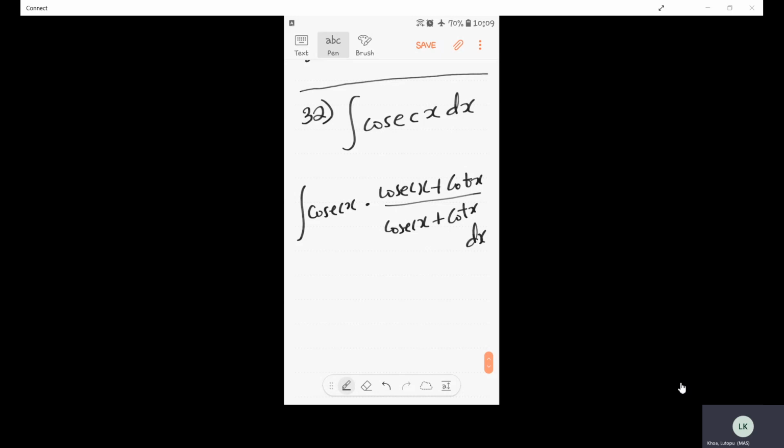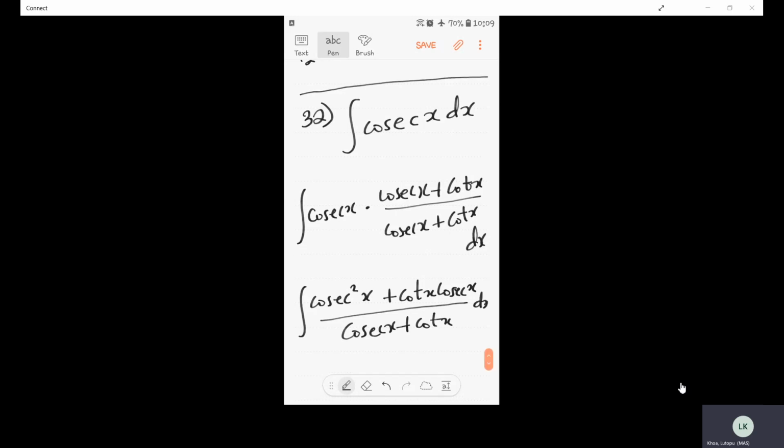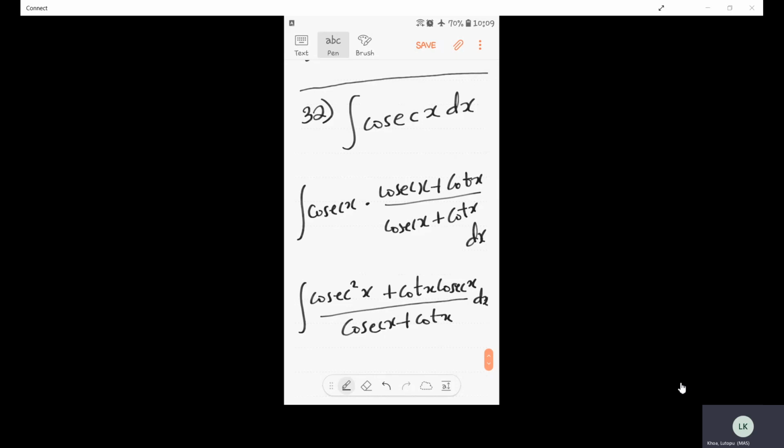And when I multiply this out, I have cosec squared x plus cot x cosec x over cosec x plus cot x. This is with respect to x.